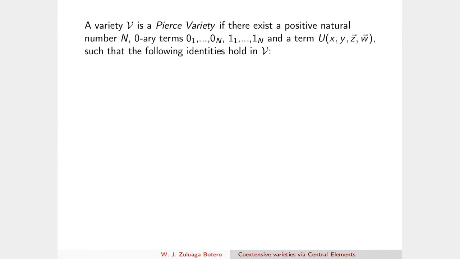Another concept which is important in this work is the notion of Pierce variety.